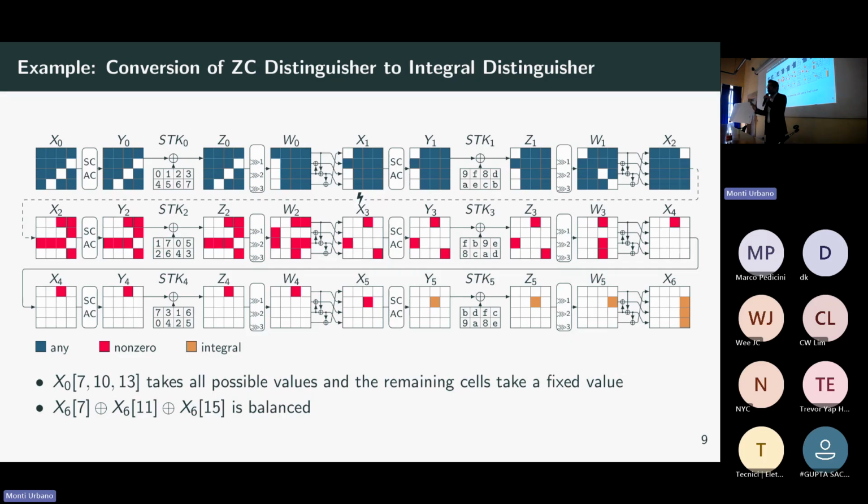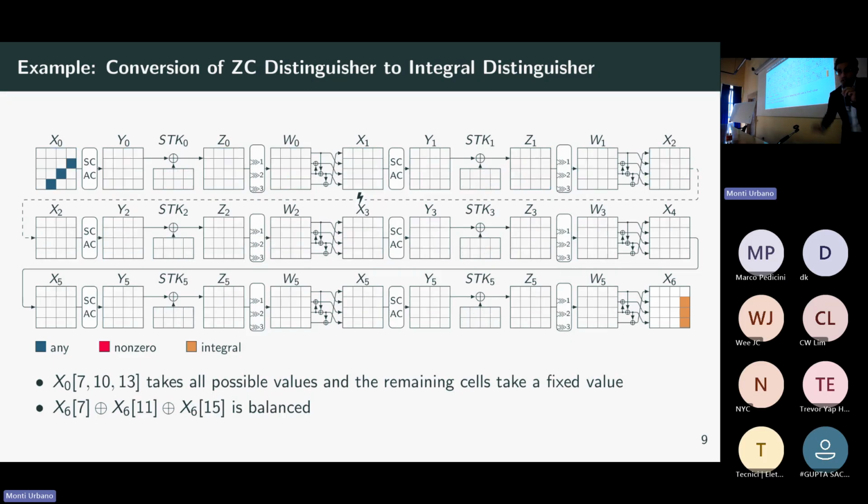So unlike the traditional approach in zero correlation or impossible differential, where we looked for distinguishers with only one active cell at the input and output, here we have a lot of active cells. We would love to have a lot of active cells at the input, because if you convert it to an integral distinguisher, the data complexity of the integral distinguisher is lower. You see? So it's kind of converse.